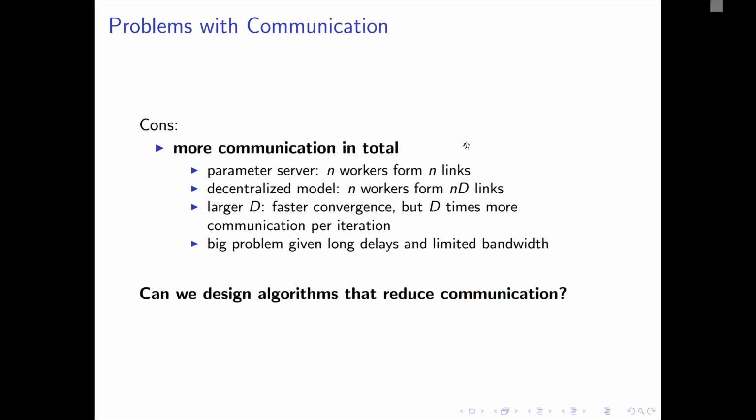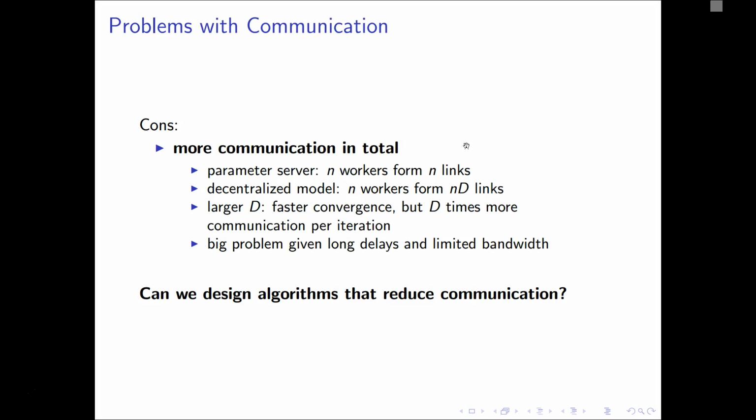However, in the decentralized model, exactly because you don't have a server, the workers will have to share their parameters with more workers. For example, each worker will have d neighbors on average. Then the n workers will form nd links between them. That means you have d times more communication in total compared to the parameter server.